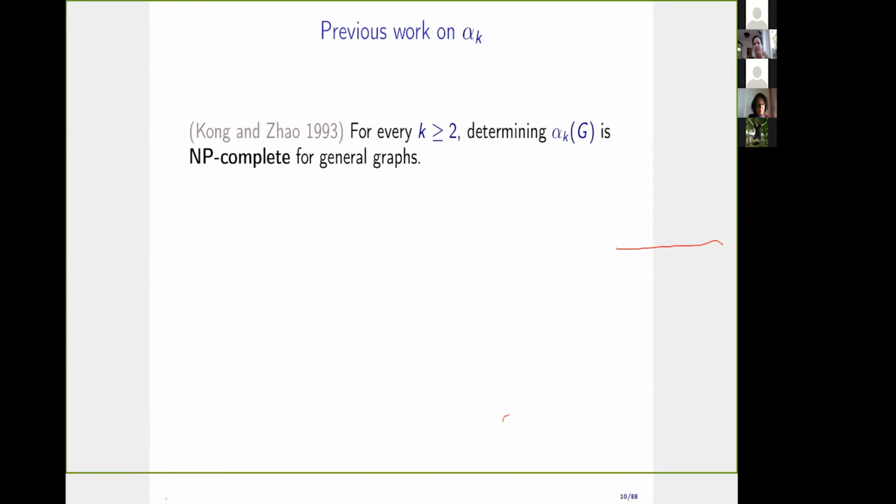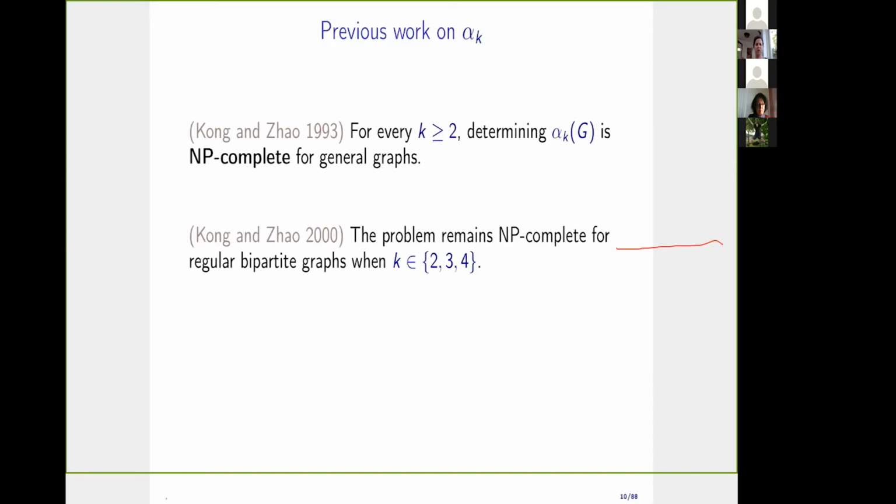However, in general, this is going to be an NP-hard parameter to compute. The k-independence number is an NP-complete parameter to compute for general graphs. This was shown by Cohn and Zhao in '93. They also showed a bit later that this problem remains NP-complete when we consider regular bipartite graphs for certain cases.